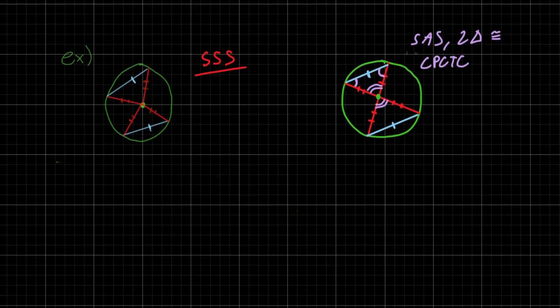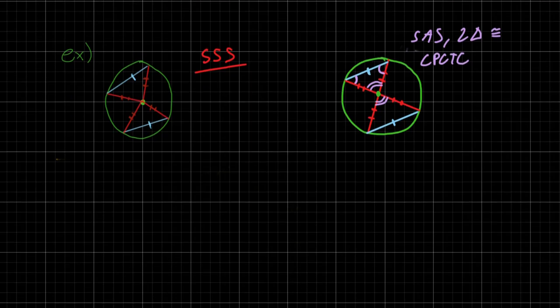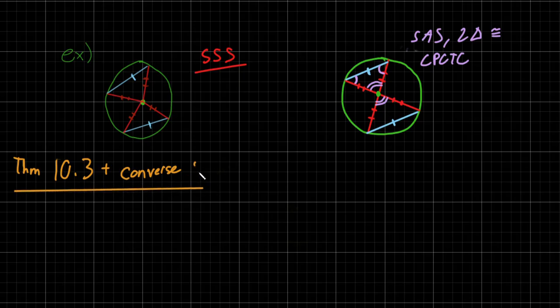Great. That is the same theorem, but it's just the converse of it as well. So, theorem 10.3 plus its converse. It says if two chords in a circle, and this is going to happen a lot, I'm going to put parentheses and say or in congruent circles.